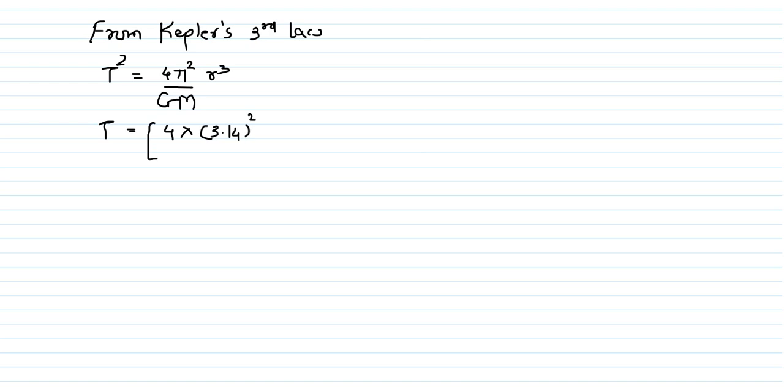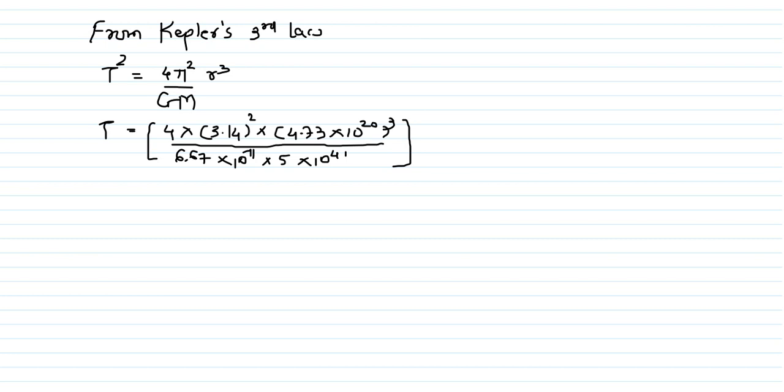meaning 3.14 whole square. The r that we found, that is 4.73 into 10 raised to 20 whole cube, upon the value of G, 6.67 into 10 raised to minus 11, and M is 5 into 10 raised to 41. Okay, and here the square root will come, and here 10 raised to 20.